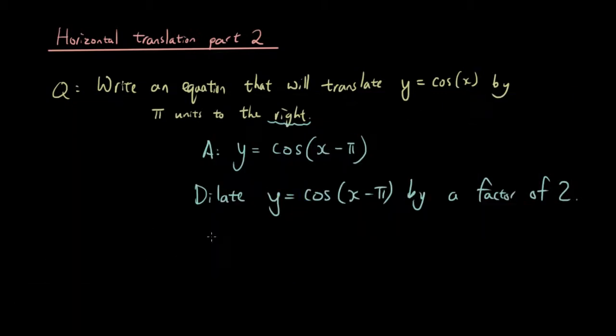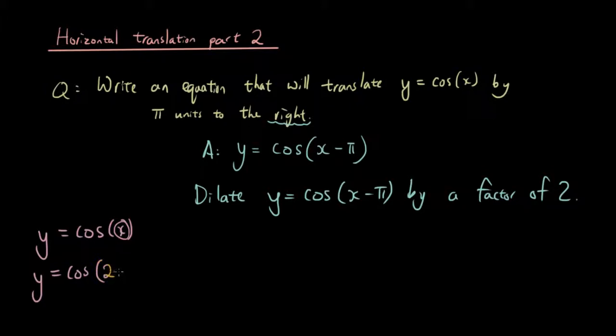So in order to do that, if you guys remember the tutorial on horizontal dilation, it said that if we have a curve y equals cosine of x, and you want to dilate it by a factor of 2, you have to multiply what was inside the bracket by 2.